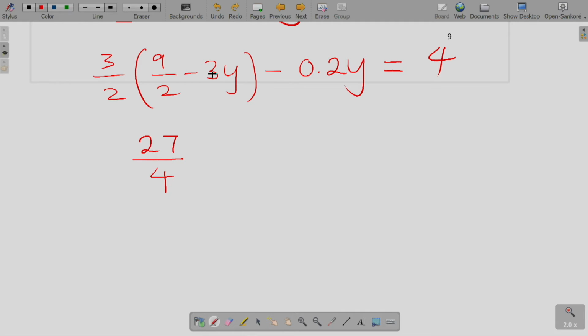Also 3 over 2 times negative 3y, so we'll get negative 9y over 2, minus 0.2y, equal to 4.